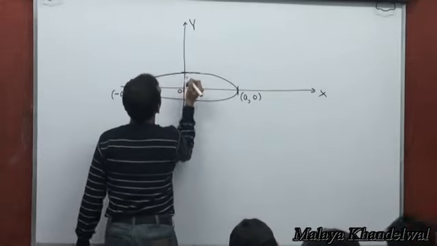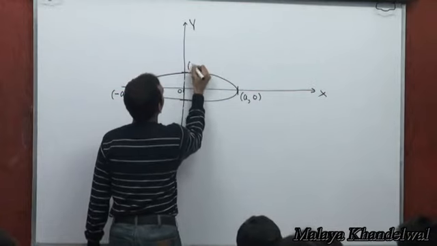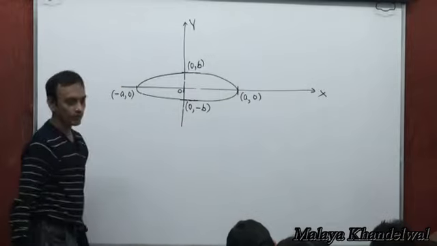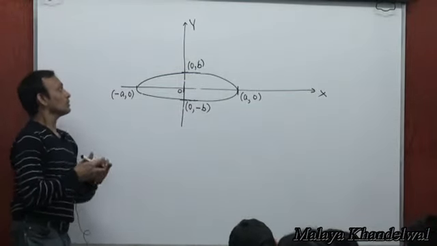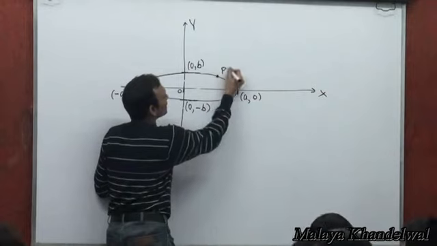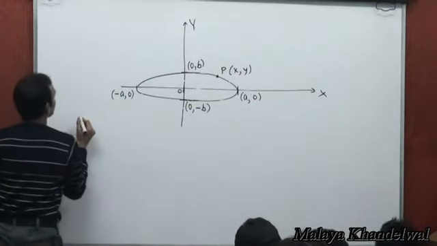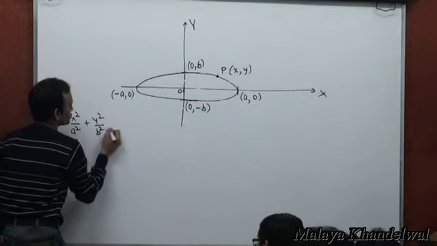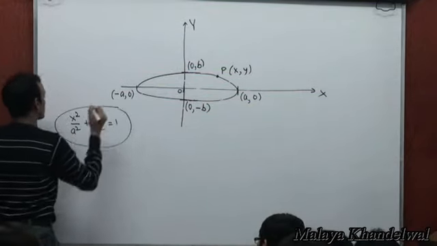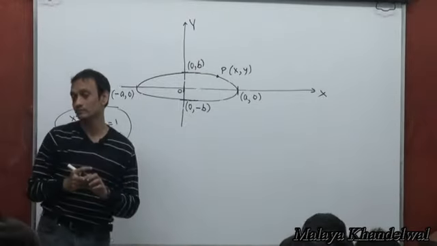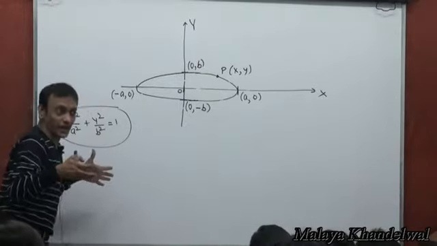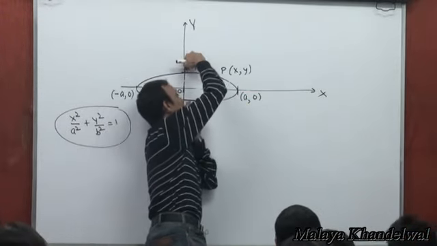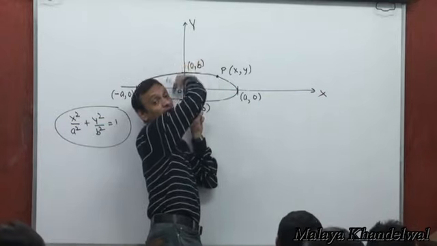And the extremities in the y direction are 0 comma b and 0 comma minus b. That means the path that P describes, x and y, given by x squared by a squared plus y squared by b squared equal to 1, is bounded along the x-axis by the points minus a comma 0 and plus a comma 0, and in the y direction by the points 0 comma b and 0 comma minus b.